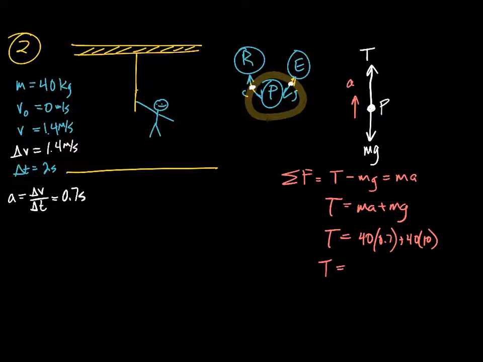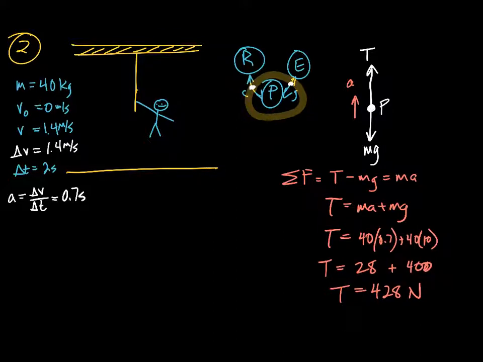So 0.7 times 40 is going to be 28, and that's going to be 400. So the total tension in the rope is 428 newtons. If the person was just hanging there, it would just be tension equals mg. That would be the tension in the rope, but obviously if you start pulling on the rope, that has to increase the tension in the rope.